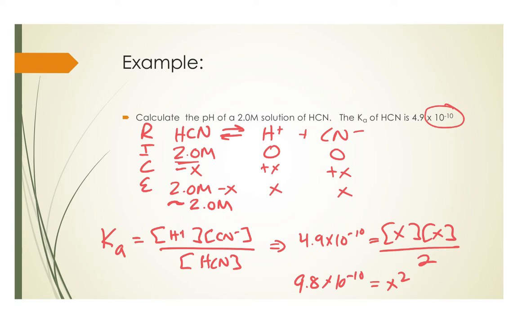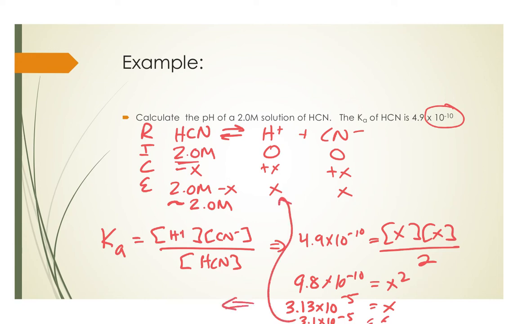Take the square root of both sides, and we see that X ends up being 3.13 times 10 to the negative 5th, or with sig figs, 3.1 times 10 to the negative 5th. So that gives us our X, and X is the concentration of H+.